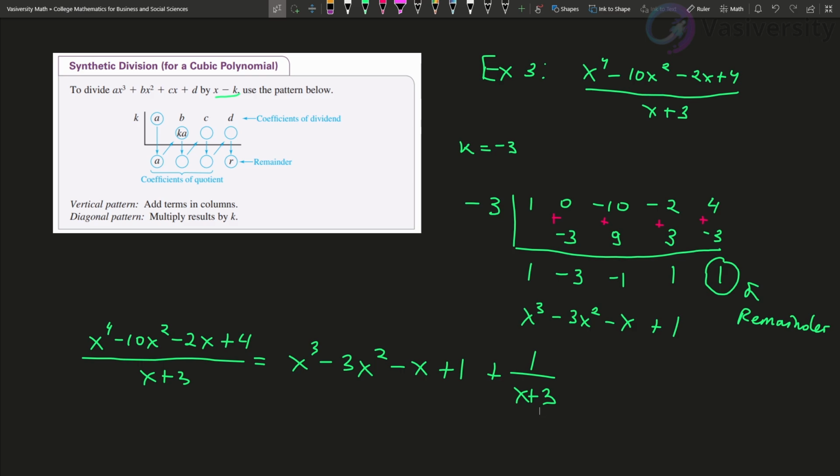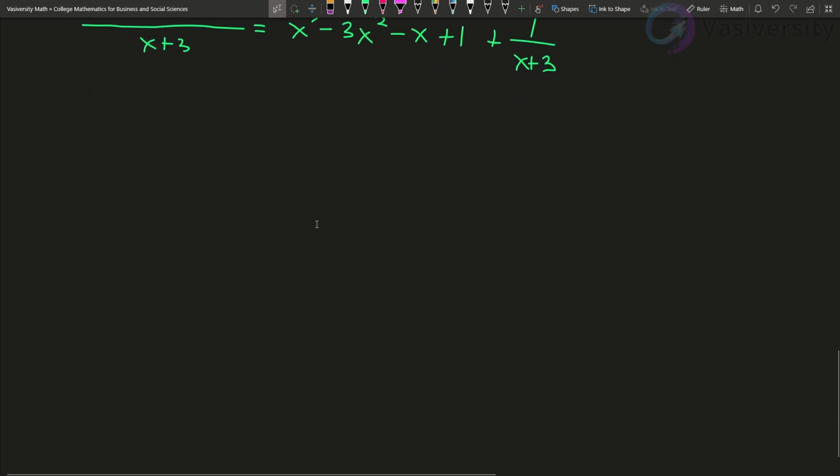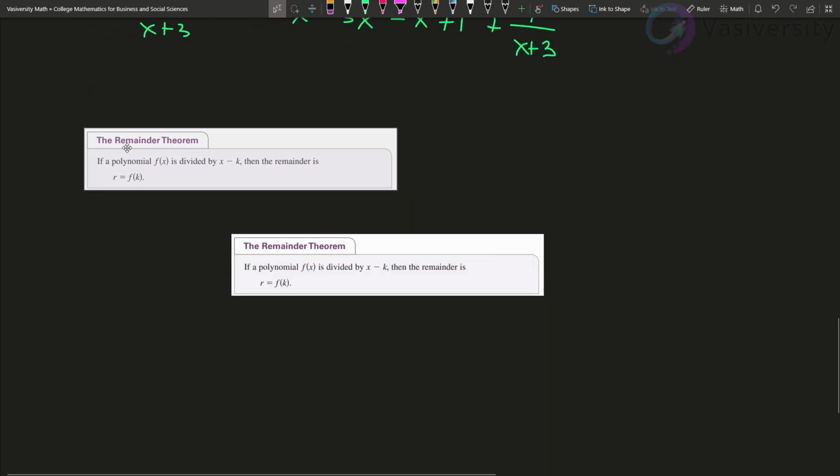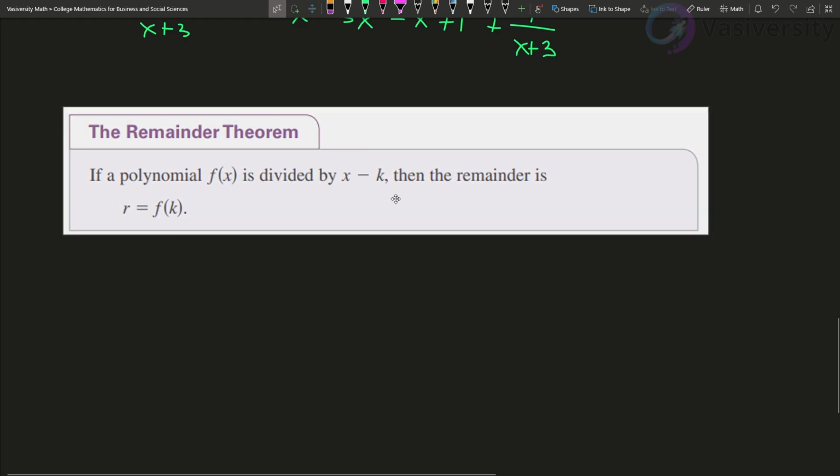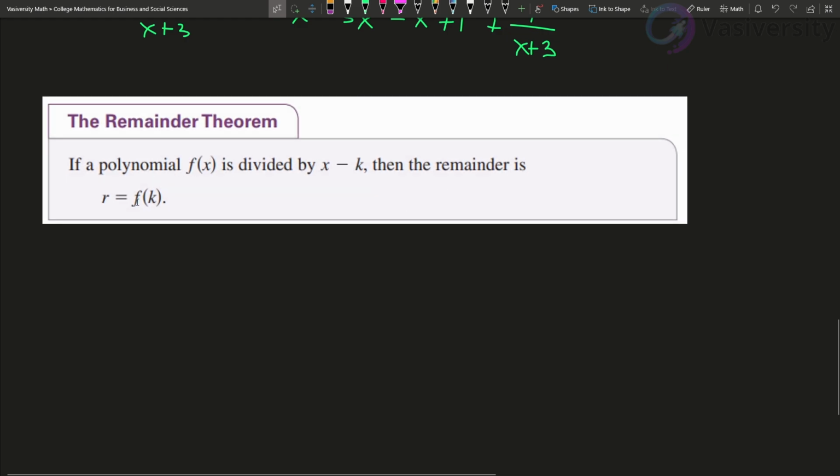So essentially, here we have the remainder theorem. The remainder theorem is a part of the division algorithm, and because synthetic division is a division algorithm, we can say that if a polynomial f of x is divided by x minus k, then the remainder is r equal to f of k.